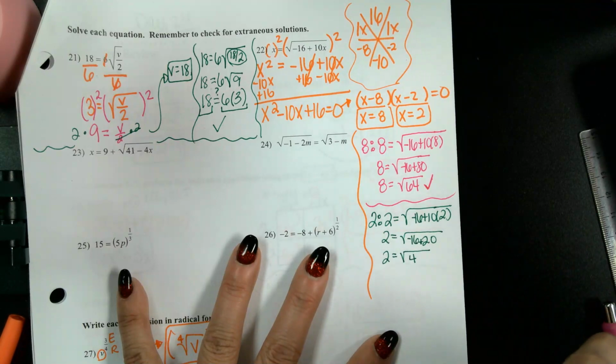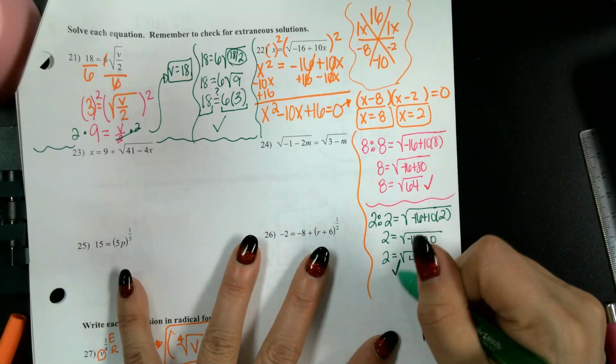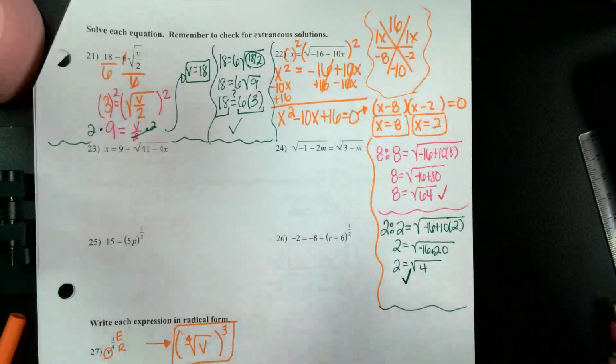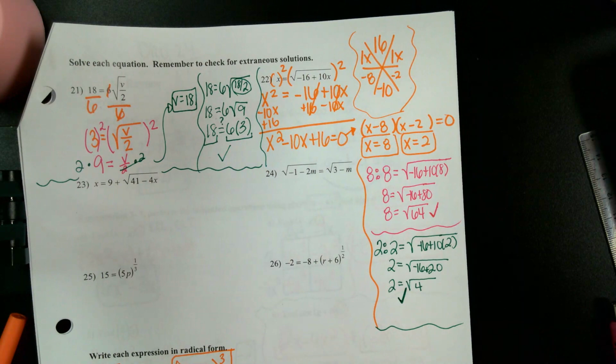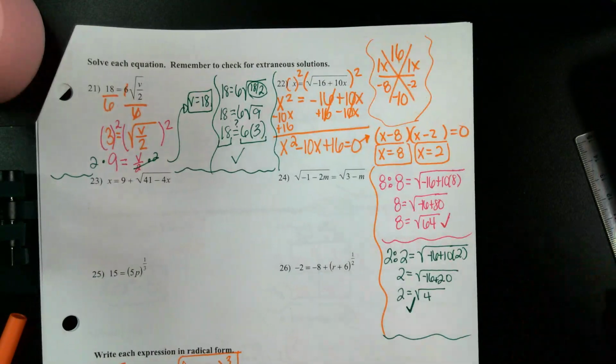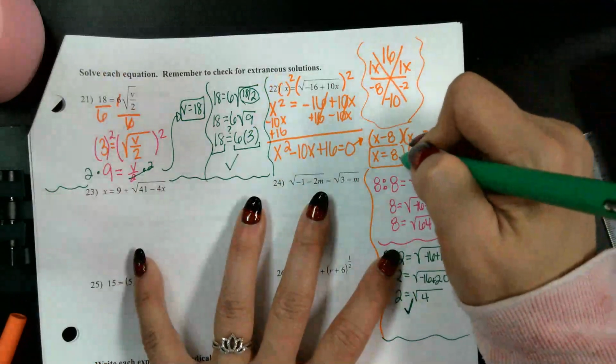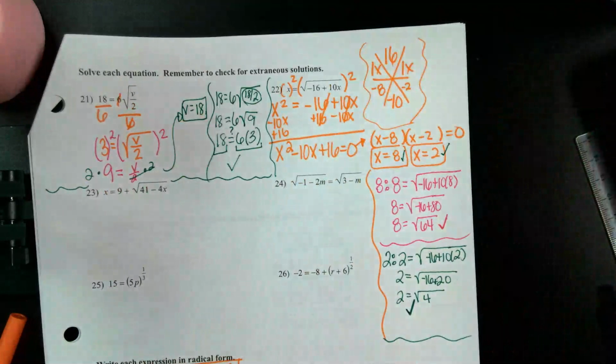Is the square root of 4 2? Yep. So both of those end up being correct answers. So there's a check and there's a check, and they were both true, so both of them are correct. You wouldn't have to cross any of those answers out. They're all good.